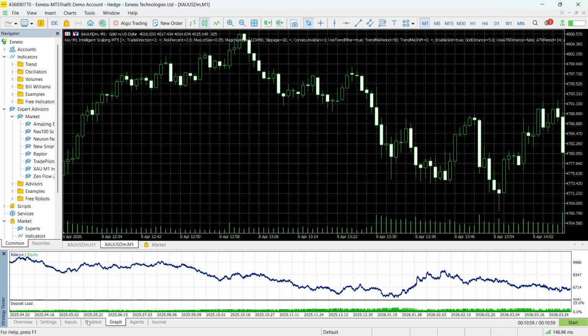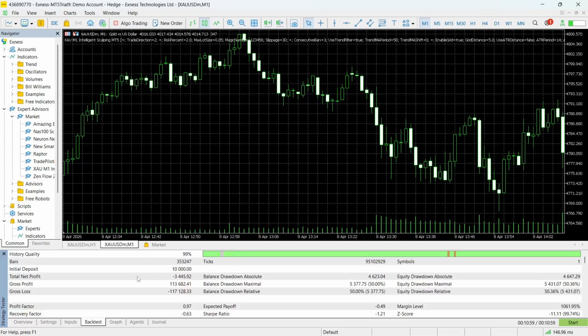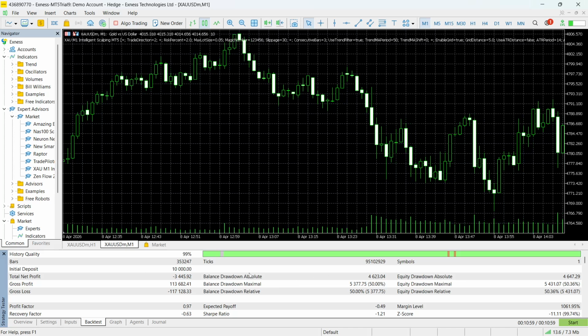And I think that also reflects in the stats, as you can see, for an initial deposit of $10,000, we had a total net loss of $3,445. So the balance drawdown was 50%, which is quite high, and the equity drawdown was 50.36% as well.